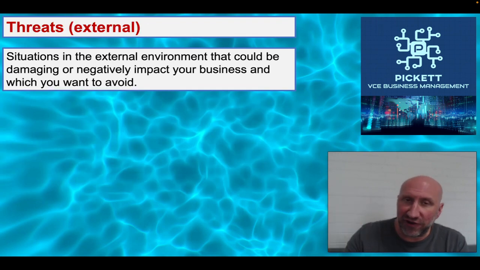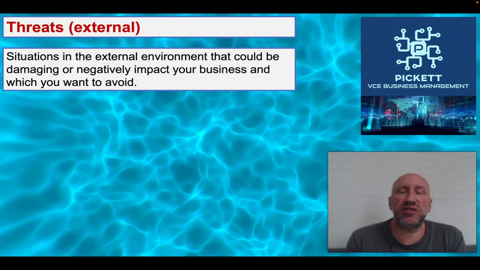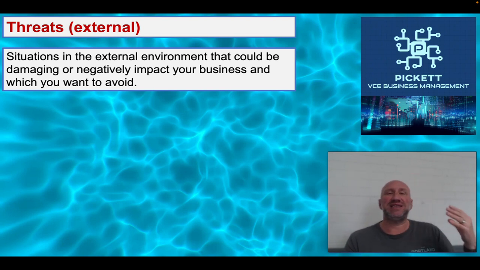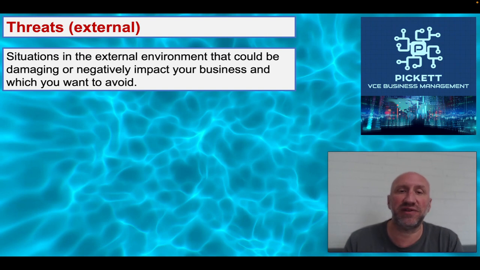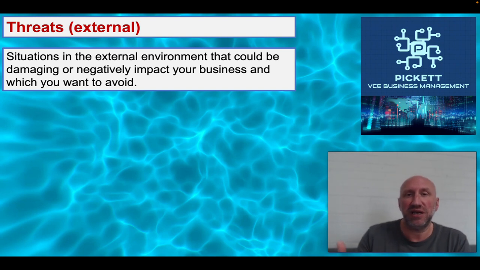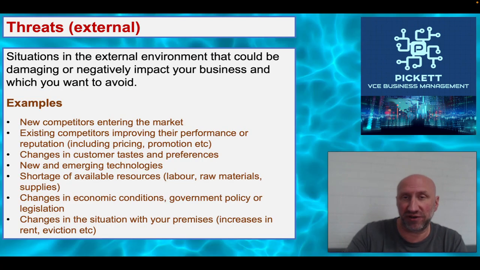Now, the flip of that is the threats. So are there any situations in the external environment that could be potentially damaging or somehow negatively impact your business and that you want to avoid? So the idea here is you identify these potential threats and come up with ways to avoid them so that they don't negatively impact your business. So are there new competitors entering the market?